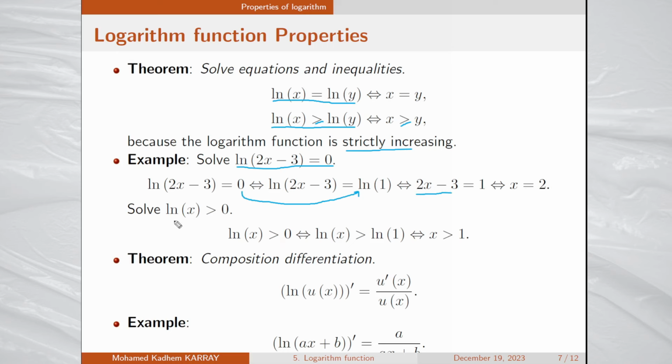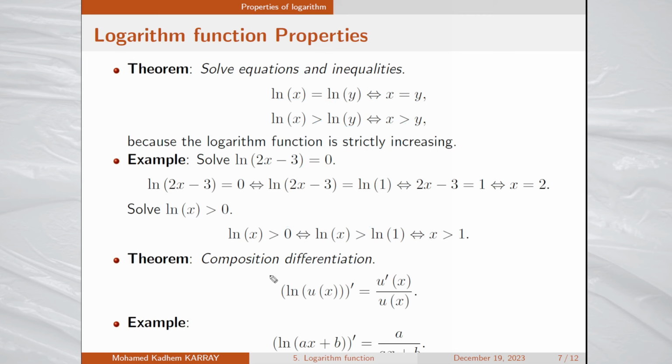Here's another example. Assume that we have to solve logarithm of x strictly positive. In this case, we replace also 0 by logarithm of 1, and we get that the solution of this inequality is x strictly larger than 1. So you see how we can solve equations and inequalities with logarithm.